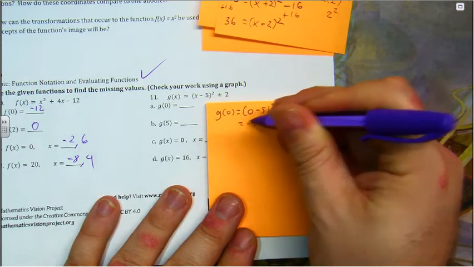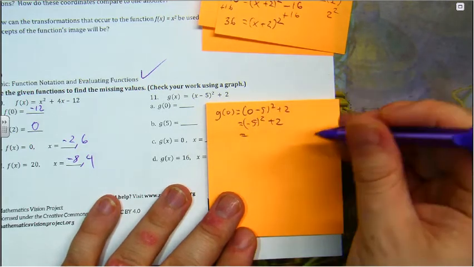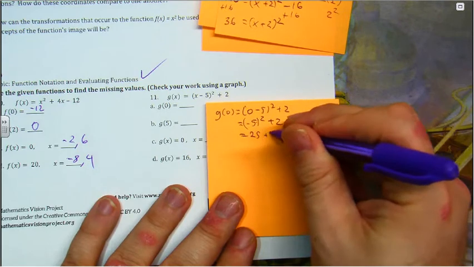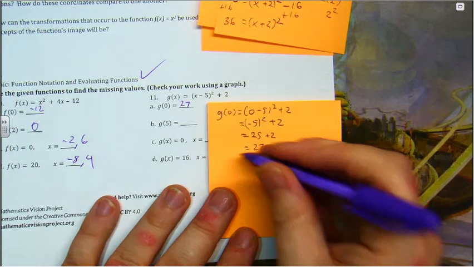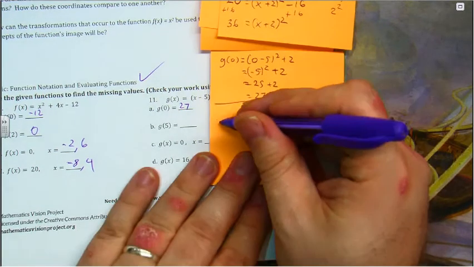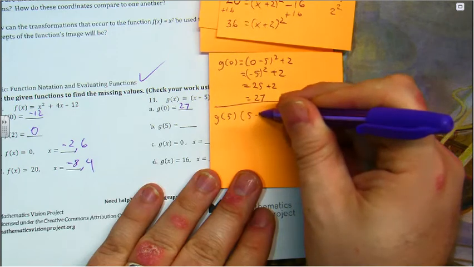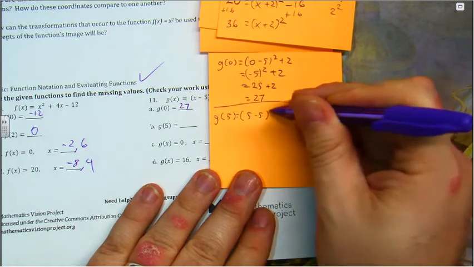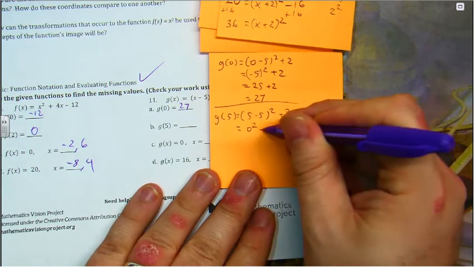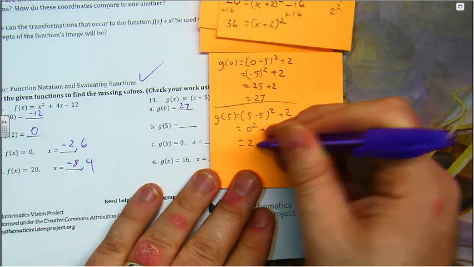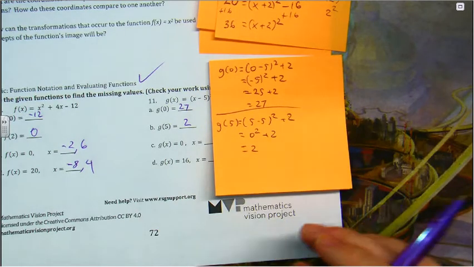Minus 5 squared is 25, plus 2, 27. Let's do it for 5. g of 5. 5 minus 5 squared plus 2. 0 squared plus 2. 2.